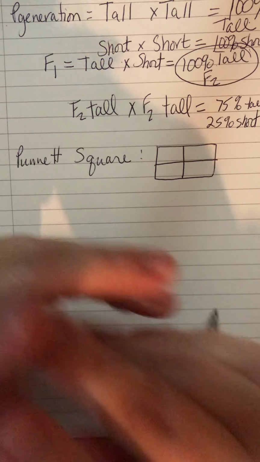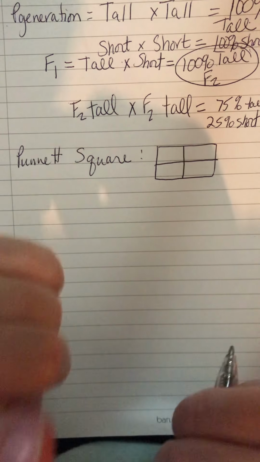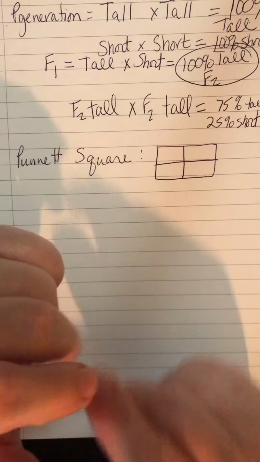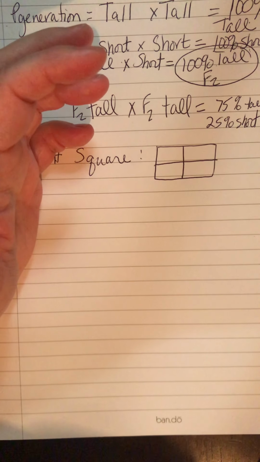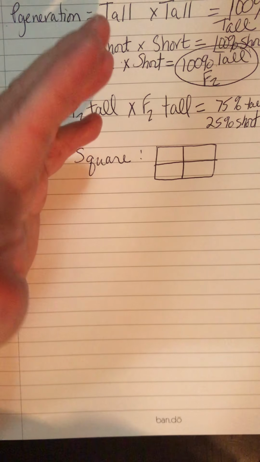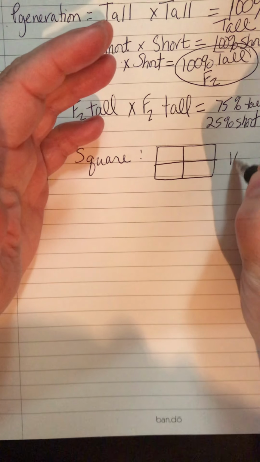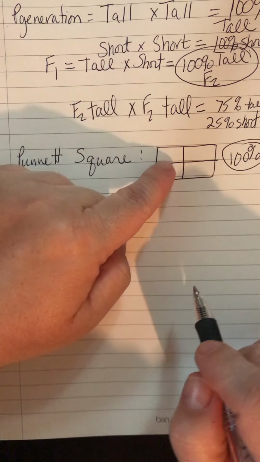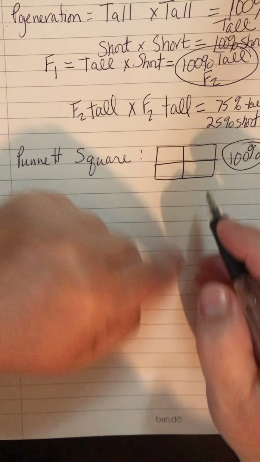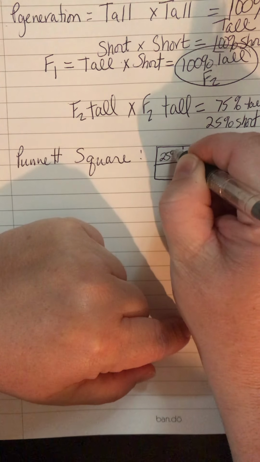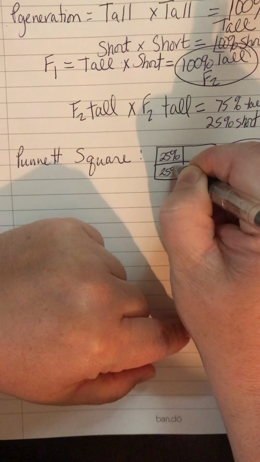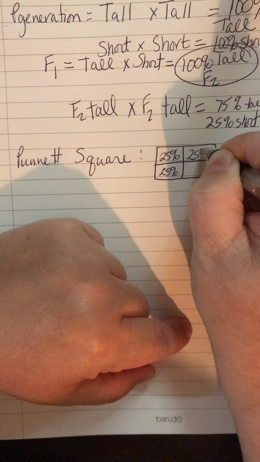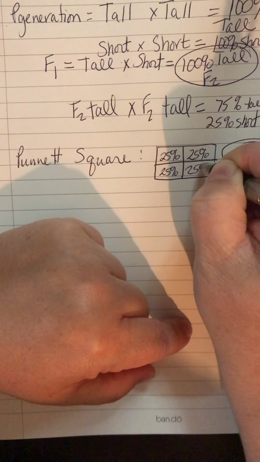So in our Punnett Square, because we have 4 squares, this is just like $1, right? How many cents are in $1? 100 cents. 100% is the whole thing, right? So each square is going to be worth 25%. 25%, 25%, 25%.